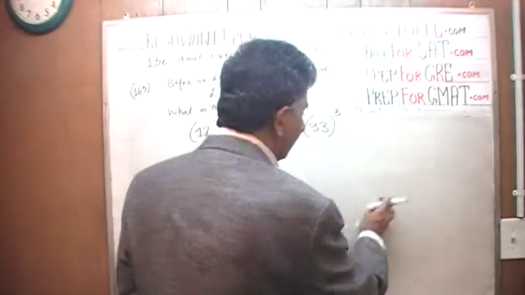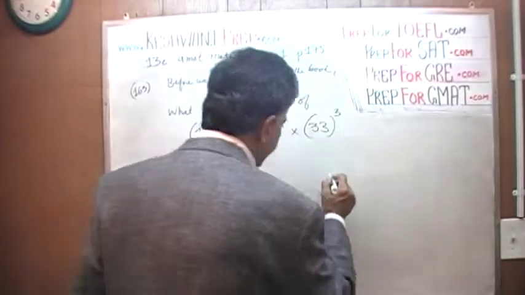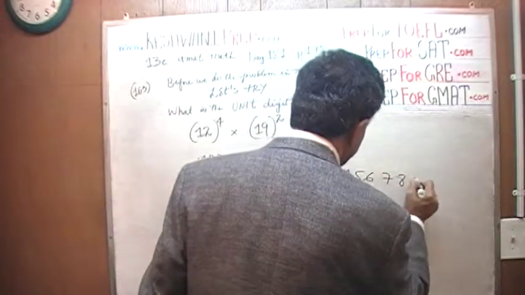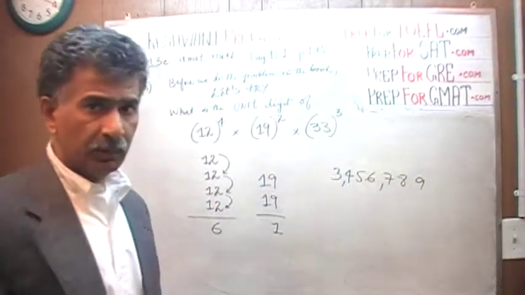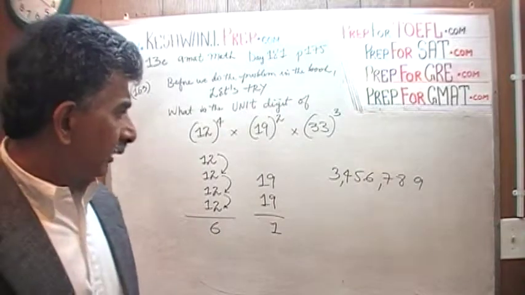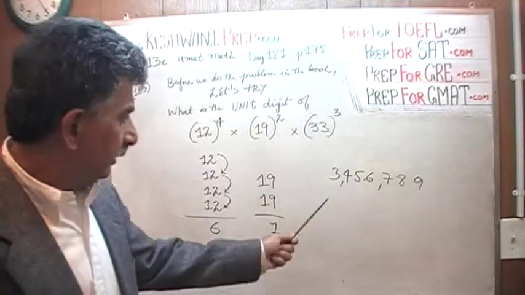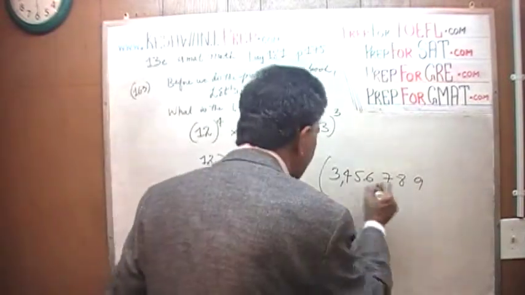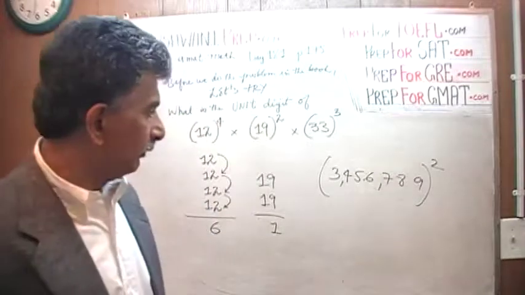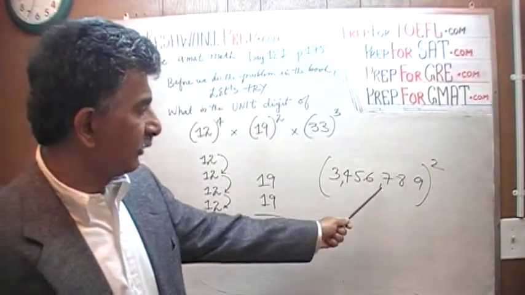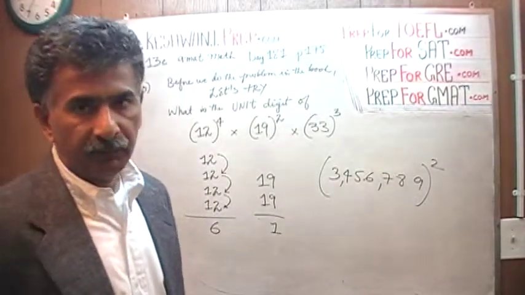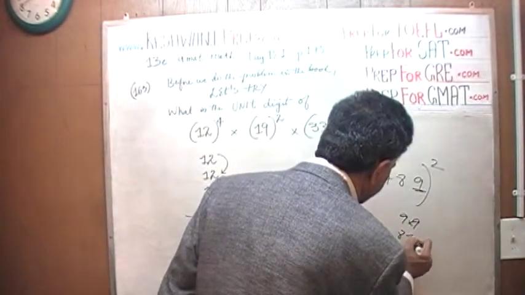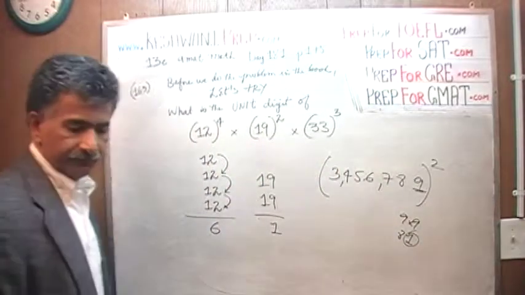For example, if somebody were to come up to us and ask us what's the unit digit of 3,456,789 squared? The answer is 1, because it's just going to be 9 times 9. 9 times 9 ends in 81. So here is 1.